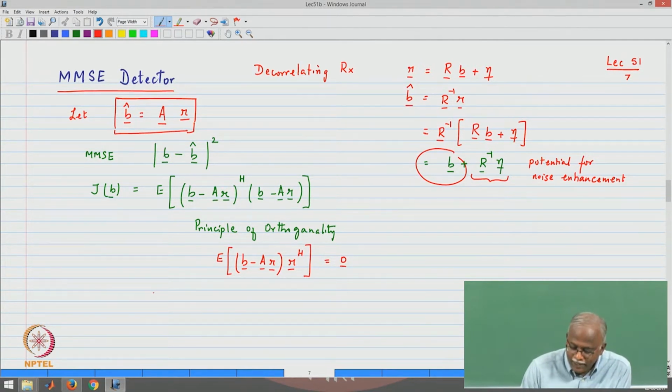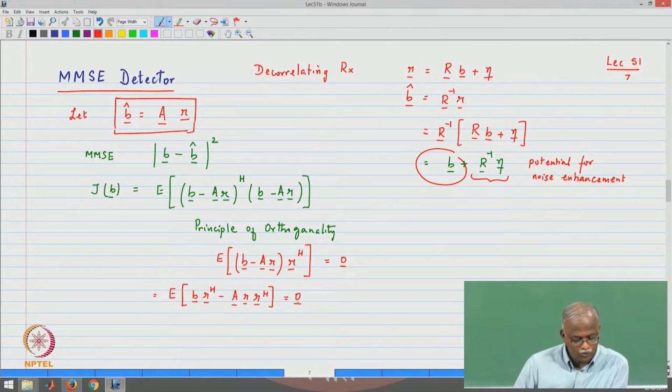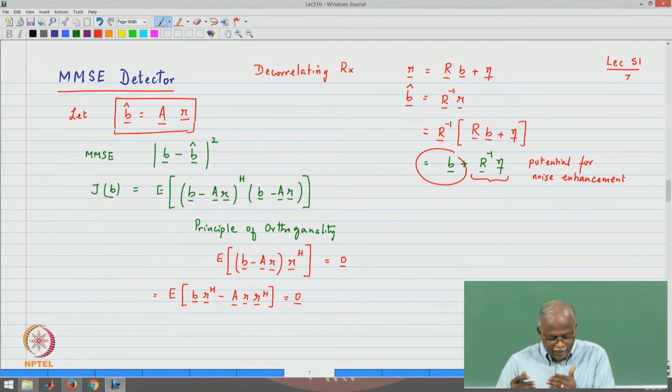So the expansion of this expression would be expected value of B times R Hermitian minus A times R Hermitian. This has to be equal to 0. Now, what we would like to do is simplify it further and derive an expression for the results that will be helpful for us.